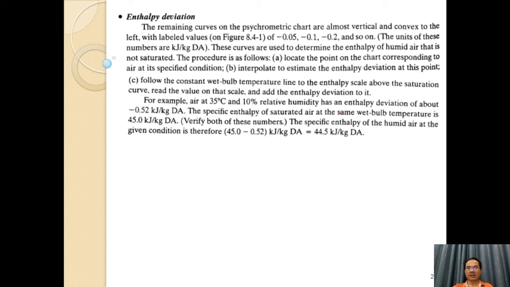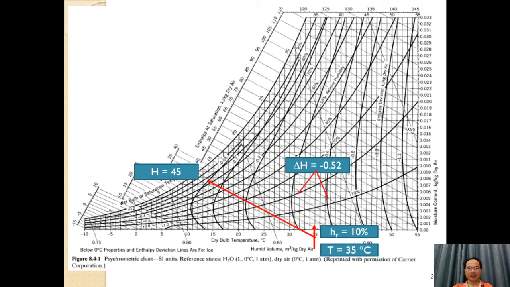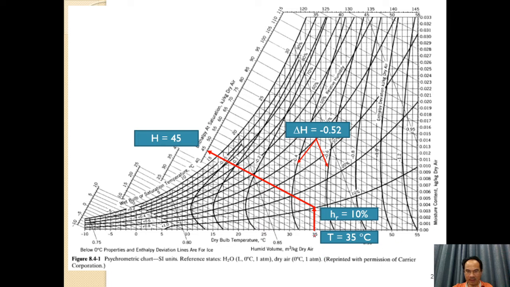The dry bulb is 35, relative humidity is 10. And then you drag the line parallel to the wet bulb temperature. Then you get the specific entropy, 45 kilojoule per kilogram dry air.